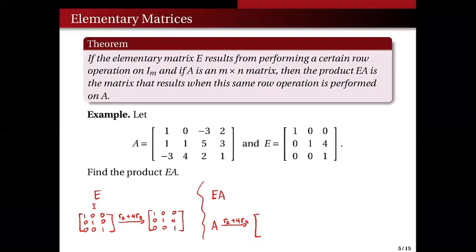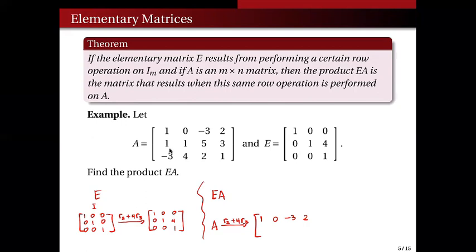So for row 1, it's just the same, you just copy: 1, 0, negative 3, 2. For row 2, we have row 2 plus 4 row 3. So 1 plus 4 times negative 3.